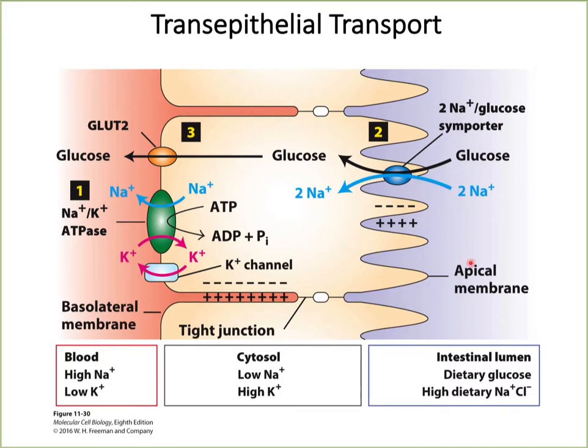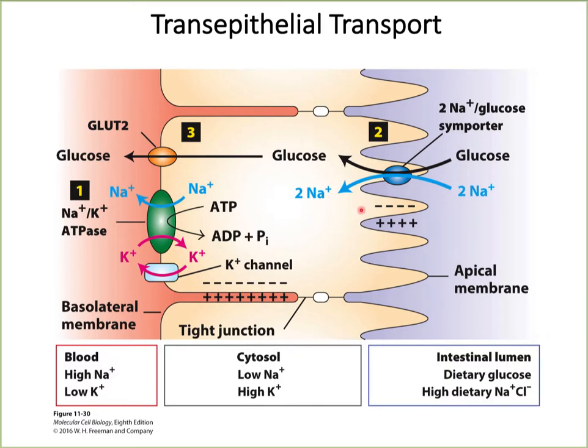So I think you can appreciate that many of these transporters cooperate with one another. We saw how the sodium gradient is so important for the sodium-glucose symporter and the sodium-calcium antiporter. The illustration here shows the cooperation between several of these transporters.